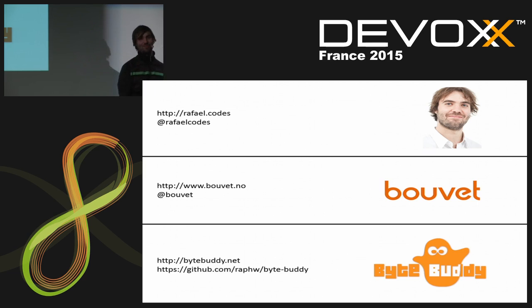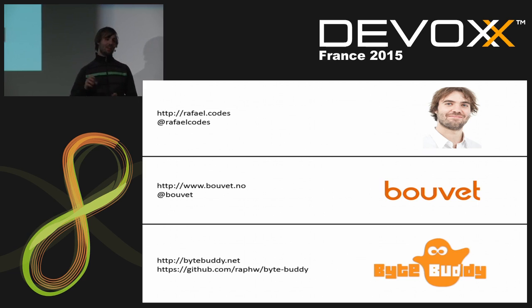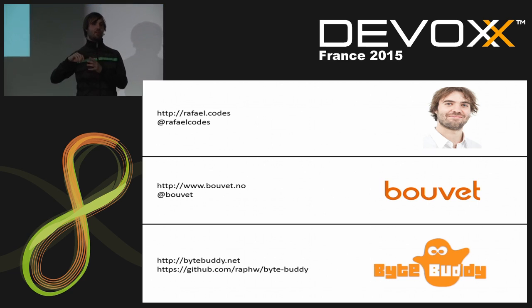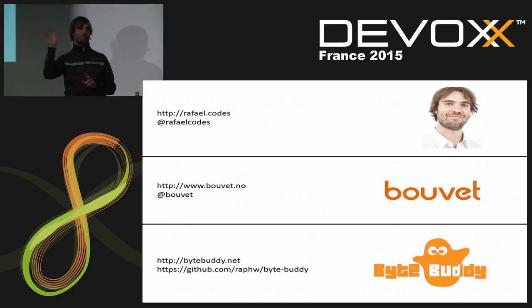I hope it's not too much marketing for a framework, but it copies the debugging. If you override a method, for example, for an agent, you instrument a method. Byte Buddy copies the original method into another method that is private to the class. And if you invoke the super method, it invokes that private method instead. So it's transparent to the outside. But it also copies all the debugging information.